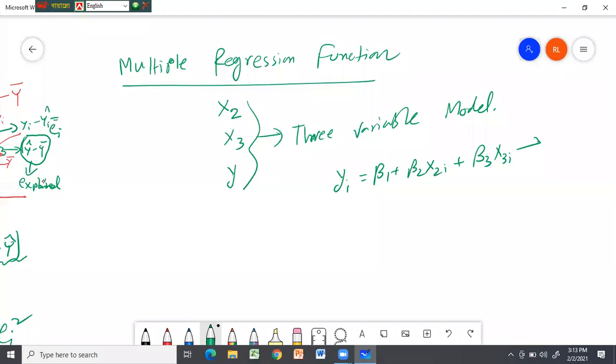This model is known as the PRF without error term. When you include the error term, it is the stochastic PRF, which looks like yi equals B1 plus B2 x2i plus B3 x3i plus the error term ui.